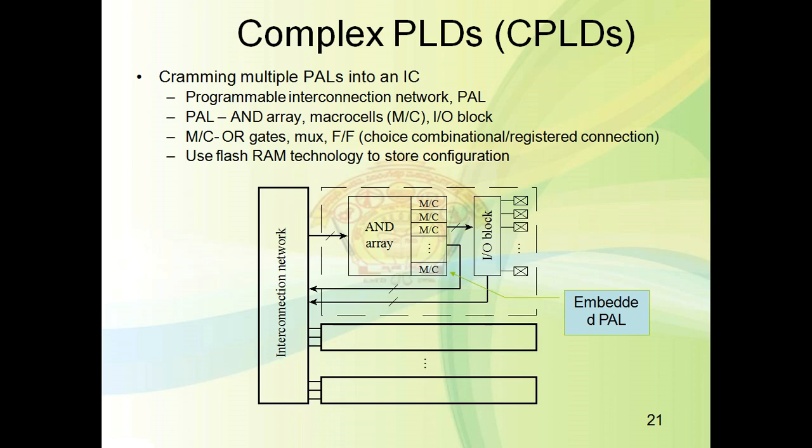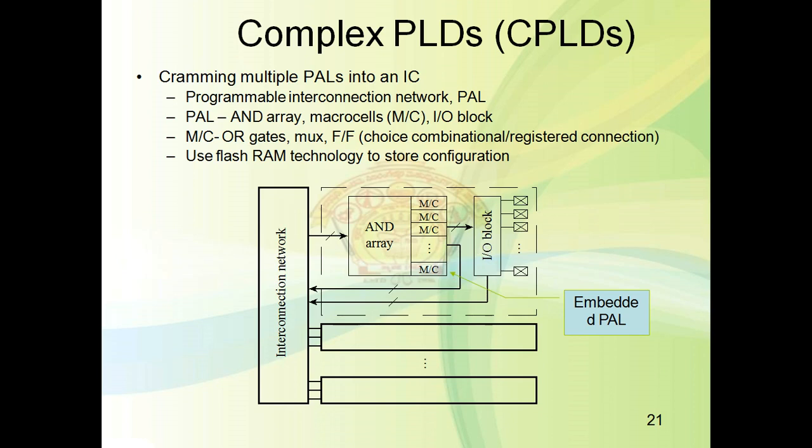There is no direct connection to the internal pins. From the output pins there is no direct connection. There is an IO block, and through that IO block the connection will be provided. So this IO block is connected to the interconnection network.